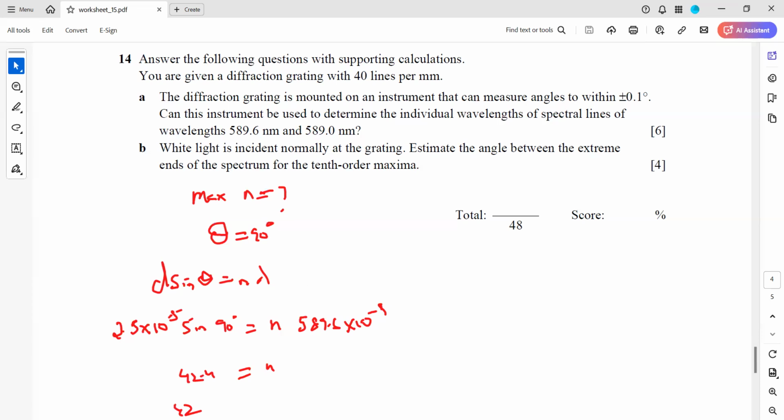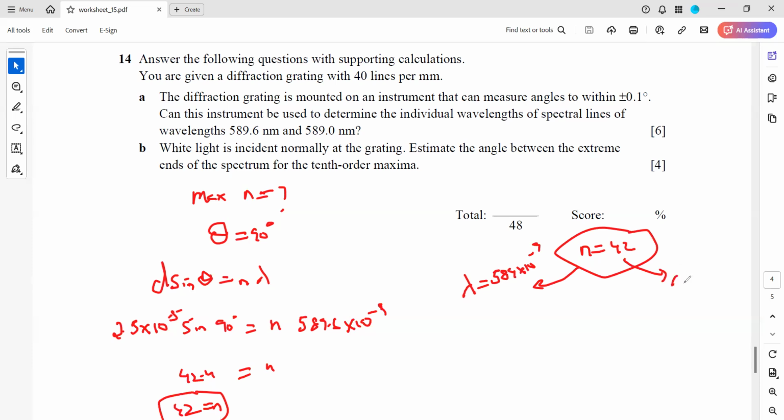So n is equal to 42 here, which means the order of image is 42. Now, for n equal to 42 and a wavelength of 589 nanometers, and for lambda equal to 589.6 nanometers, we will determine theta here.